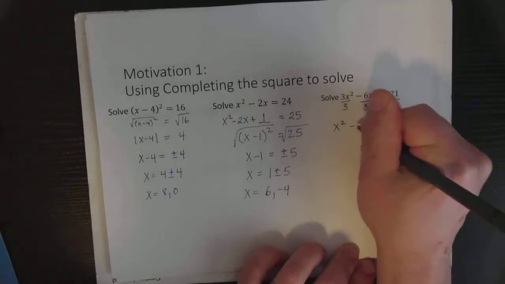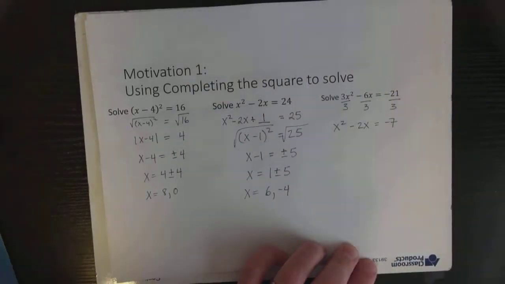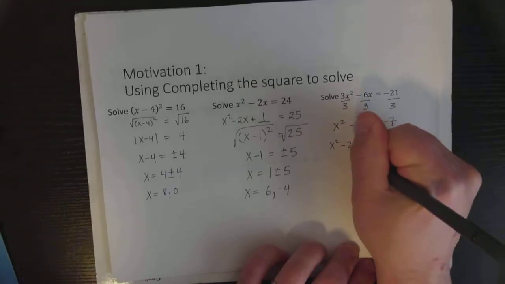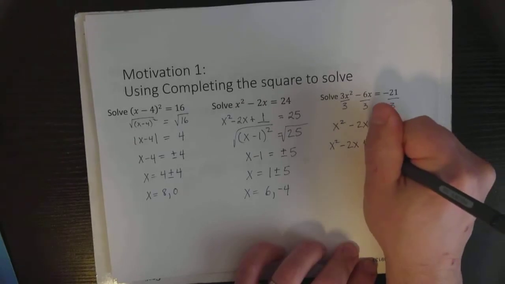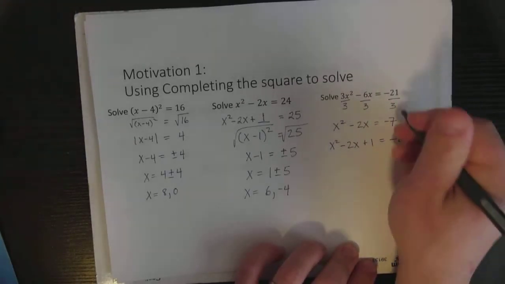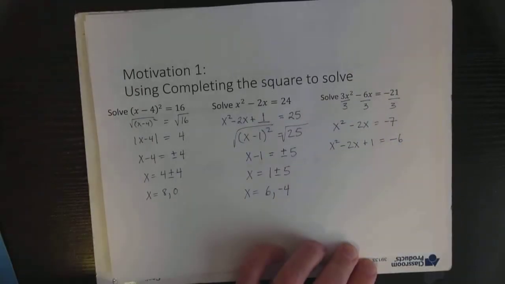X squared minus 2x equals negative 7. Completing the square, x squared minus 2x, divide by 2 and square it, add 1 equals negative 6, because if I added 1 to this side, I have to add 1 to the right hand side.